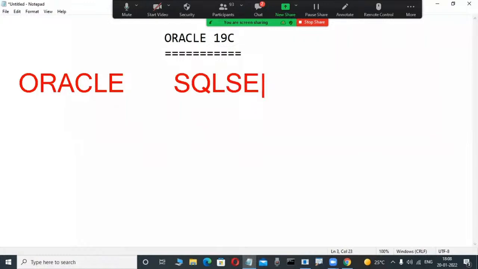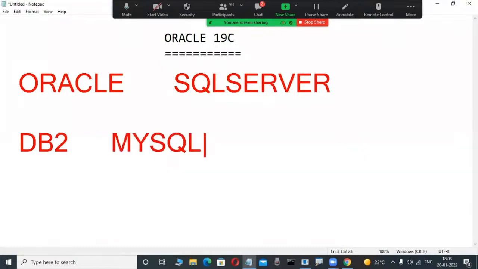SQL Server is a database product from Microsoft. DB2 is a database product from IBM. MySQL is an open source database product, but nowadays Oracle Corporation has purchased it. Again, Sybase is a database product from Ingres Corporation.